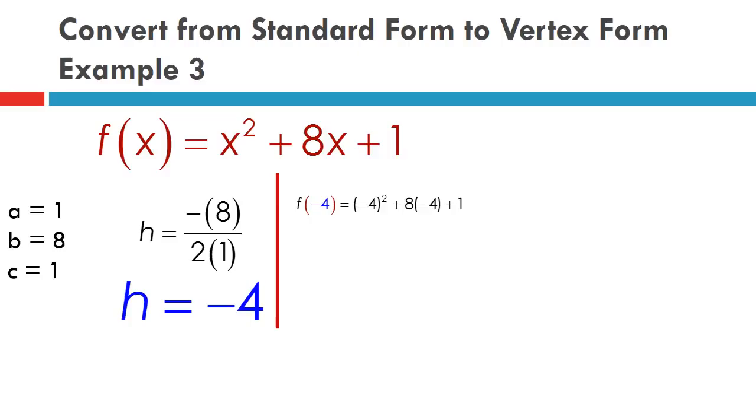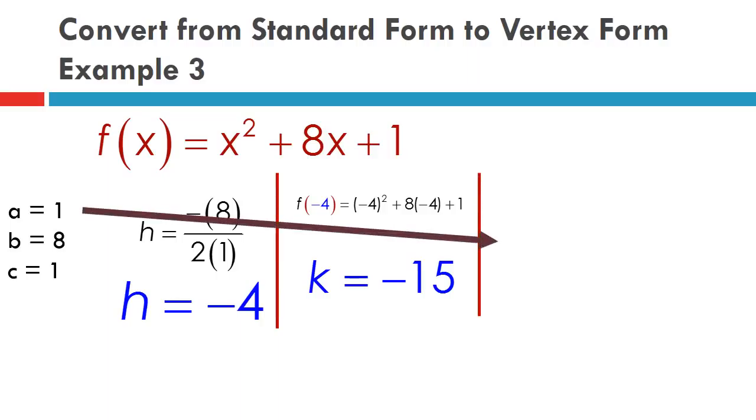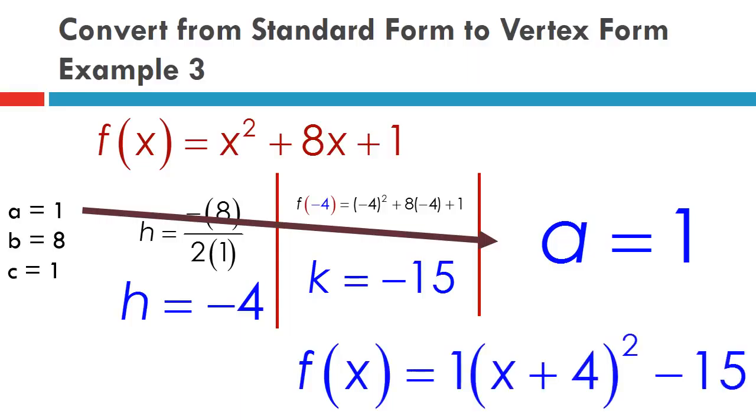If you put that in your calculator and worked it out, or went to your table in your calculator, you would get k is equal to negative 15. And our a value we already have is 1. So now we're going to put the 1 where the a was, the 4 where the h was, and the negative 15 where k was. And so we have 1 times x plus 4 to the second power minus 15.